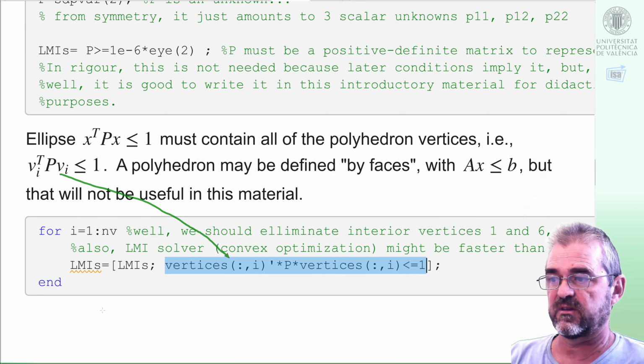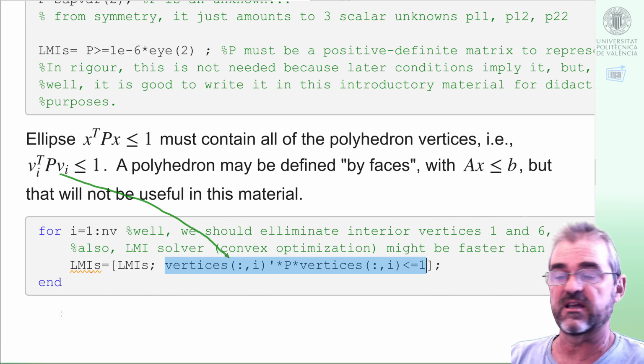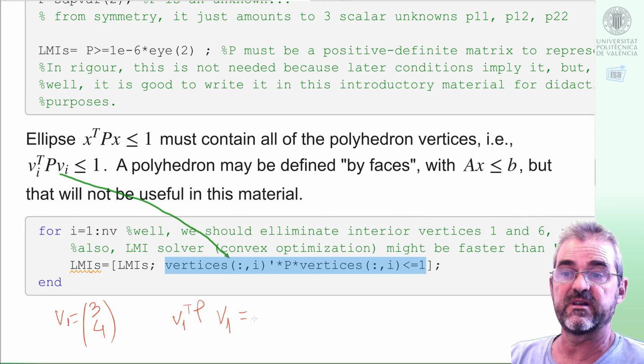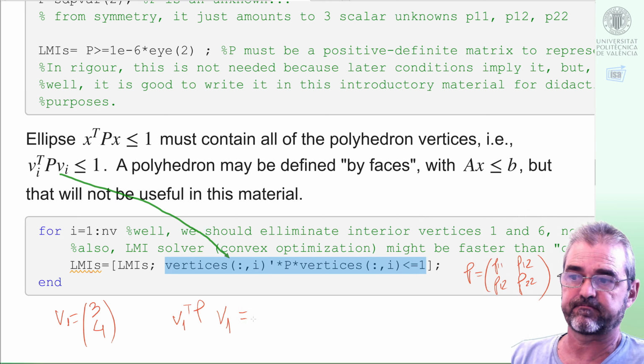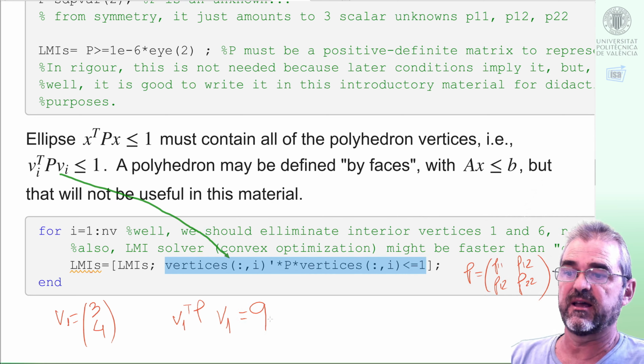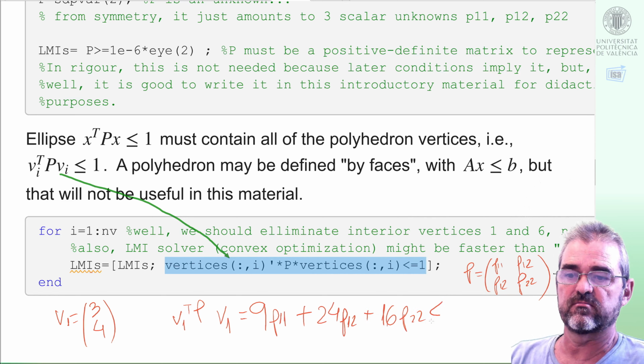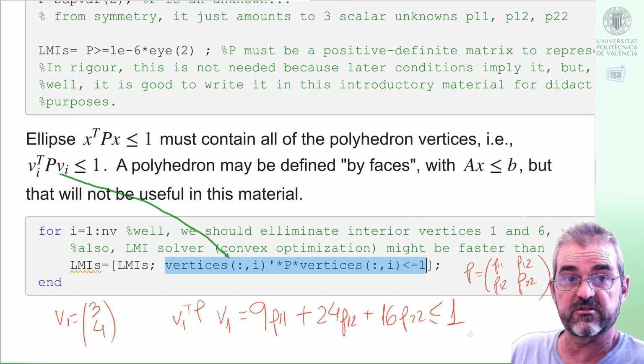For instance, if we had, let's say, V1 equal to 3, 4, then V1 transposed P V1, recall that P is this thing here, will amount to 9 P11 plus 24 P12 plus 16 P22 lower than or equal to 1. So this is actually a linear constraint that you would encounter, let's say, in a linear programming problem.